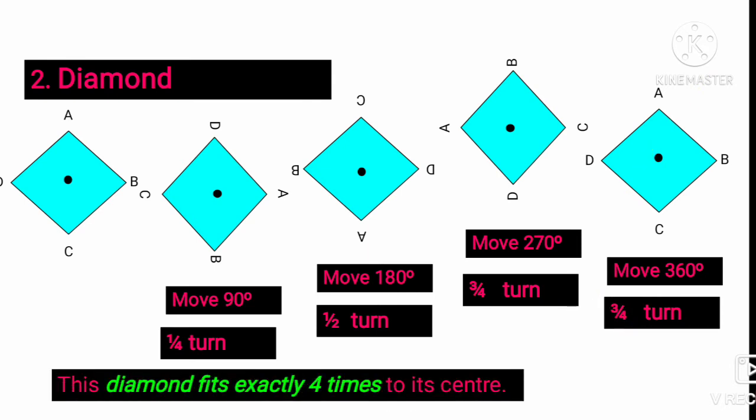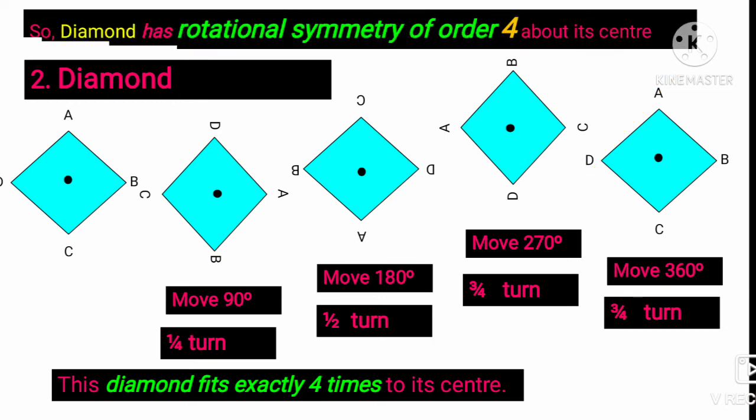So this diamond fits exactly 4 times to its center while moving. So the diamond has rotational symmetry of order 4 about its center. It moves 4 times about its center to fit exactly the same.